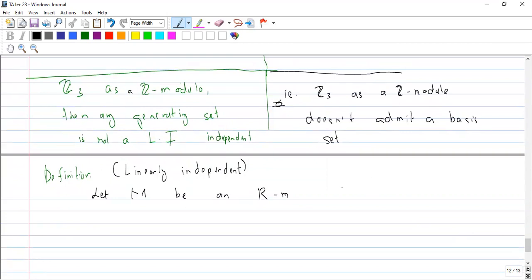So just वही वाली definition है that let M be an R module and such that M is generated by X alpha, where alpha is an element of I.